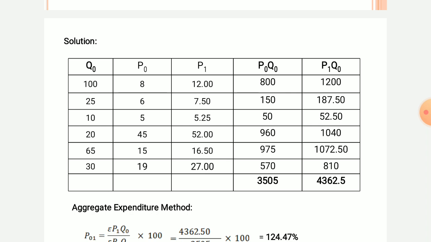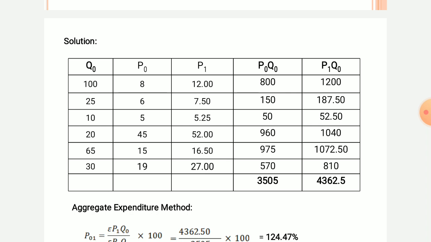So now take the sum: sigma P1Q0 is equal to 4362.5, and sigma P0Q0 is equal to 3505.